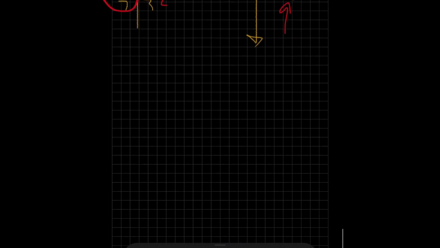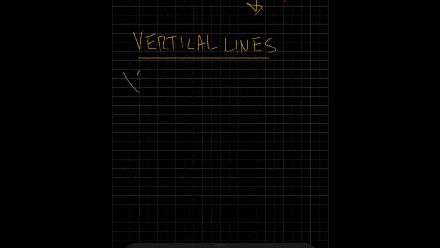So that's horizontal lines. Let's talk vertical lines. Those are the lines that go straight up and down. So their equations look like this. The input is a constant value. The input value of x is equal to c.